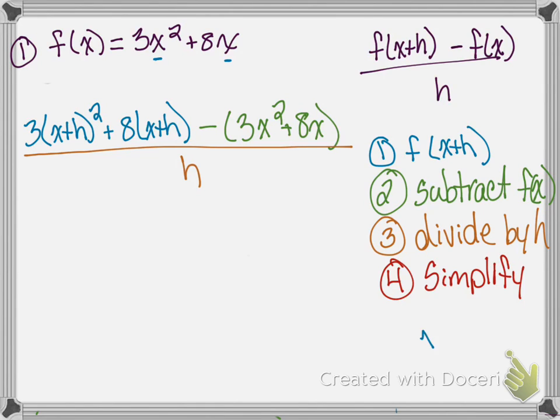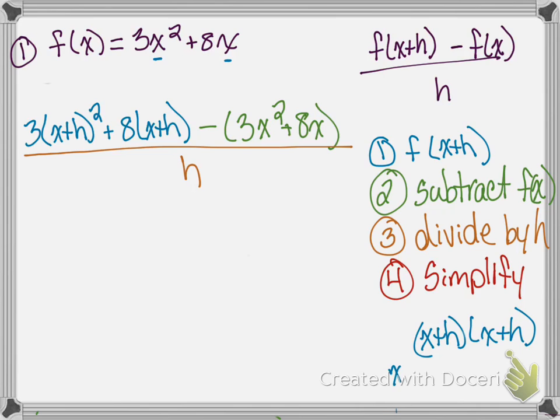I am going to do x plus h squared down here. X plus h squared, what that means is x plus h times x plus h. What students do is they end up doing x squared plus h squared, and that's not correct. You've got to FOIL this.